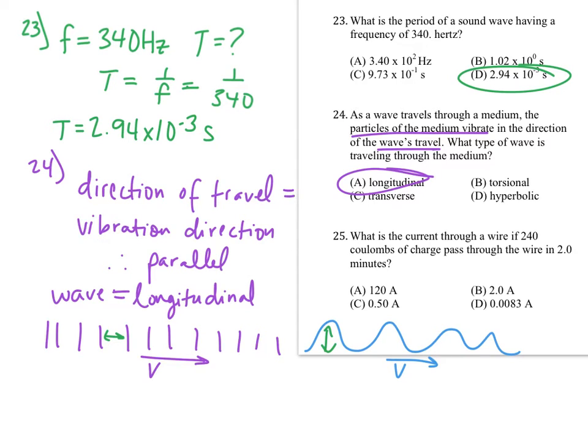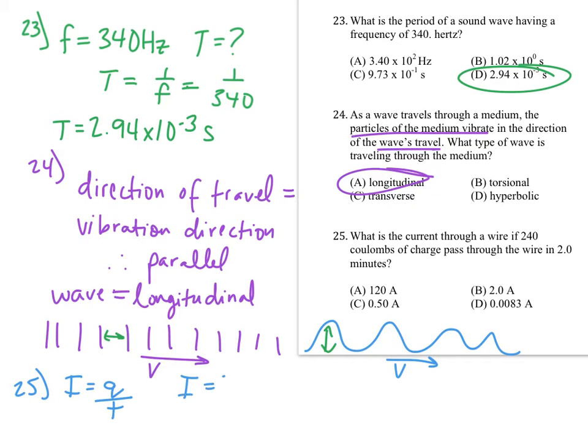Okay, number 25. What is the current through a wire if 240 coulombs of charge pass through the wire in 2 minutes? Okay, current I is equal to Q charge over T time.